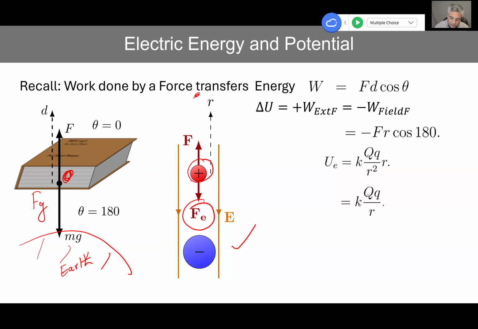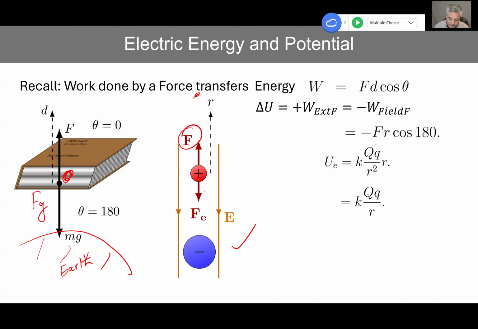So if we want to bring it in slowly, just like we bring a book down by holding it, that means we are applying a force upward, right? So this is like an external force, and this force is the electric force.